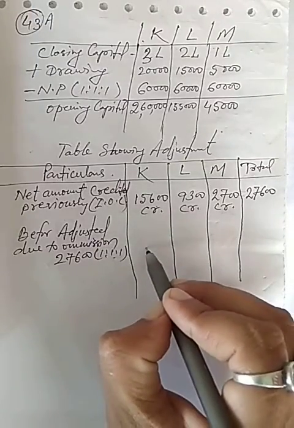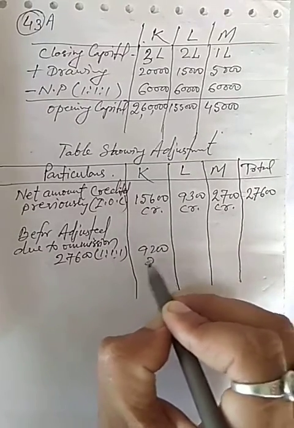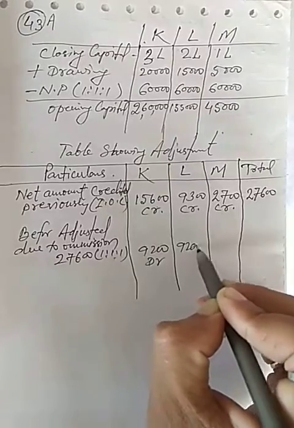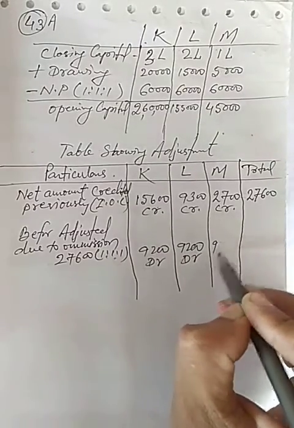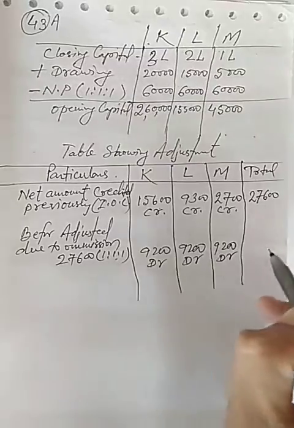So 9,200 will be debit, 9,200 debit, and 9,200 debit.